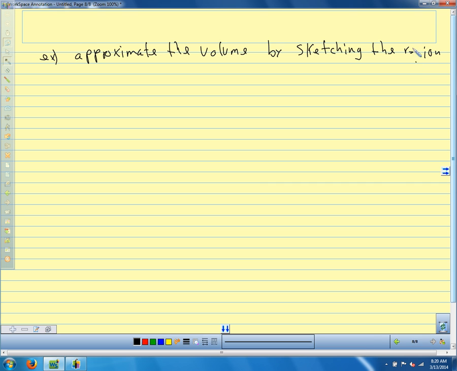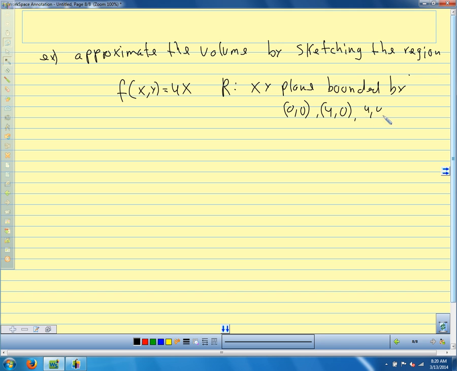So this is one of those questions where, like your old book said, we want to try to be clever. f of x,y equals 4x. And R is the region in the xy plane bounded by the points (0,0), (4,0), (4,4), and (0,4).